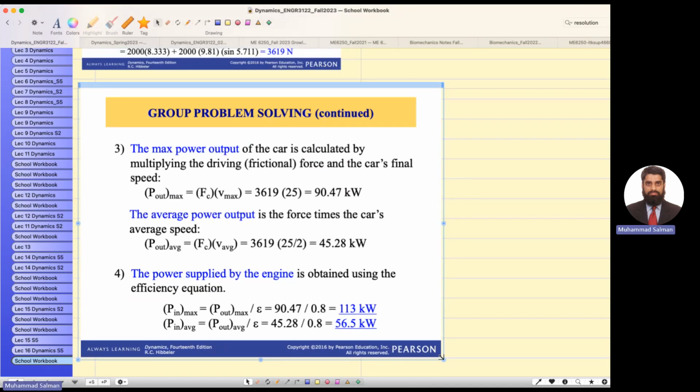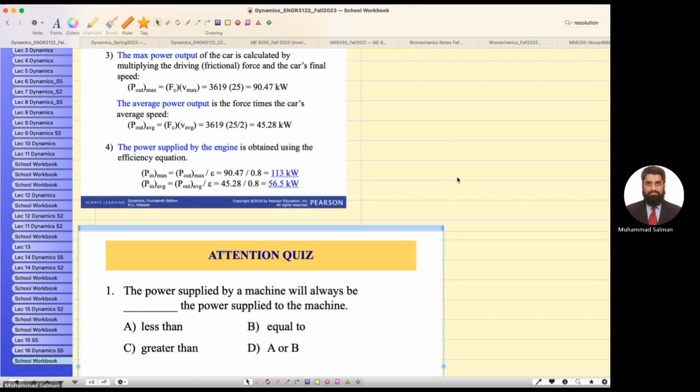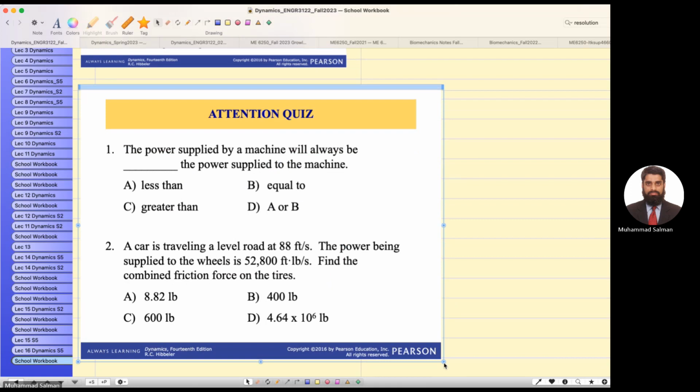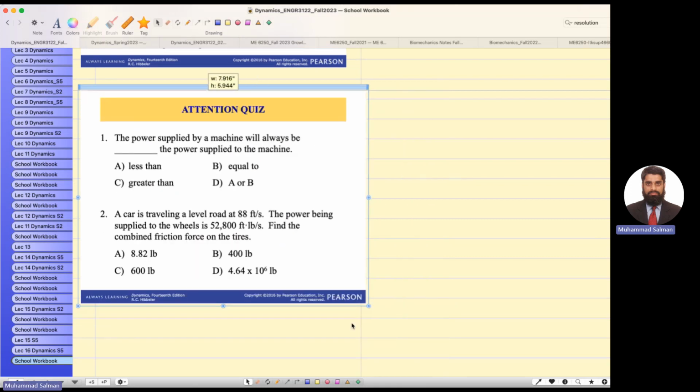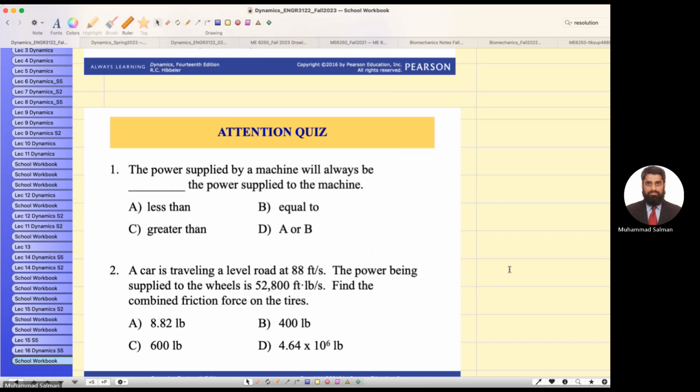Have you guys understood this problem? Okay, the quiz question. Are you ready for the quiz question? First quiz question, please answer. One student says the power supplied by the machine, which is the output power, is always dash the power supplied to the machine.